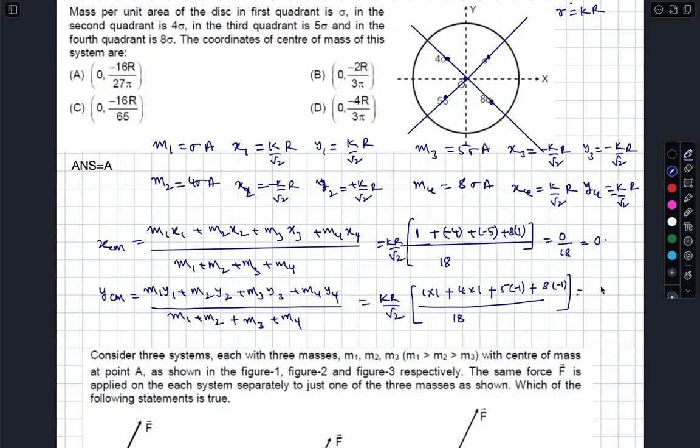So minus 8 by 18 times R by root 2 times K. That K term we already know: 2R by 3 times sin(theta/2) by theta/2. Here theta is 90 degrees, sin 45 is 1 by root 2, over pi by 4. Substitute here and you will get the answer as A.